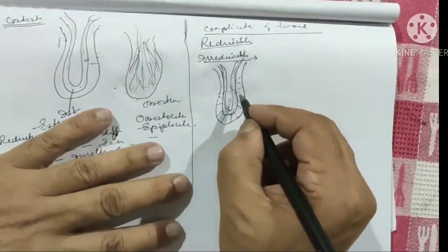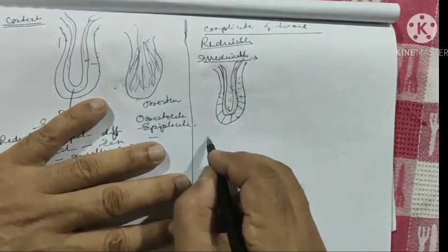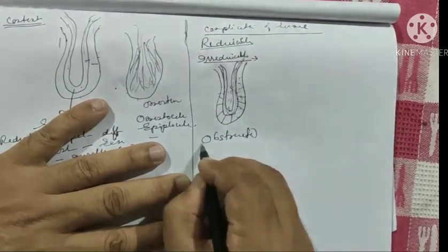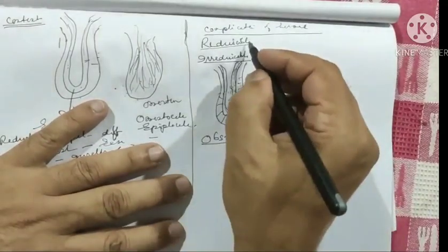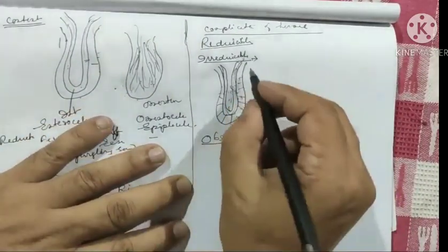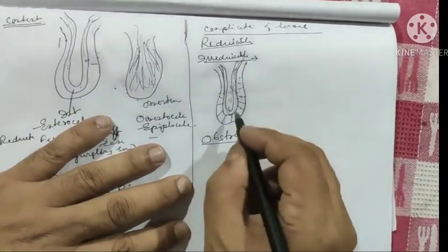Sometimes what happens is that the content of the sac becomes obstructed. Obstructed hernia. The hernia may be reducible, irreducible, or obstructed. Obstructed usually means there is an overcrowding of the intestine.